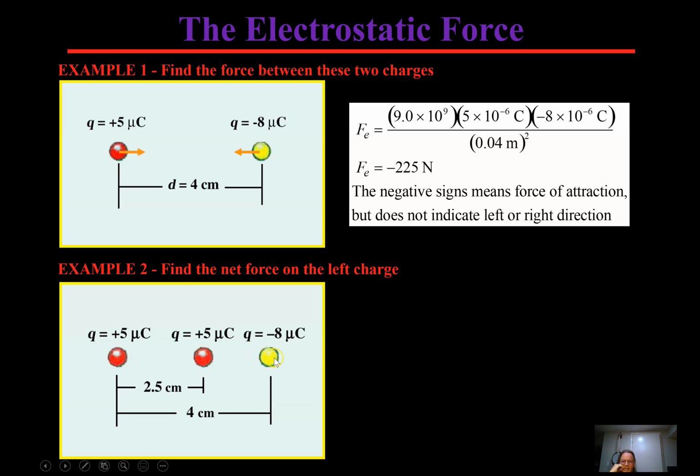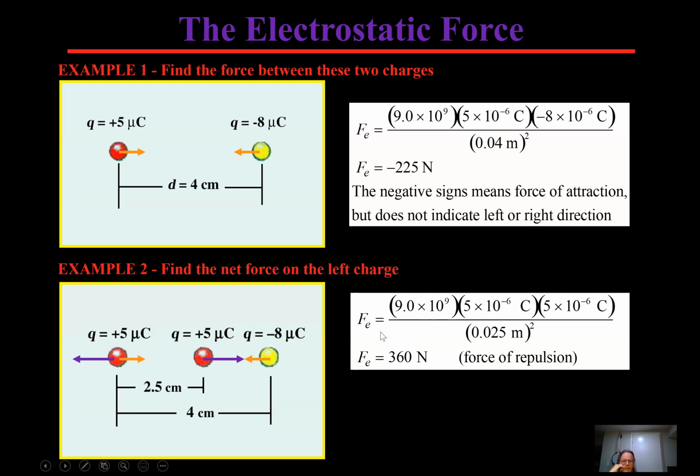Anyway, the repulsive force here: let's do that real quick. 9 times the 5 to the negative 6, 5 to the negative 6. Remember, it's 2.5 centimeters, 2 places over, 0.025. So you get a 360 repulsive, and the negative 225. Negative means it's attractive, going the other direction.